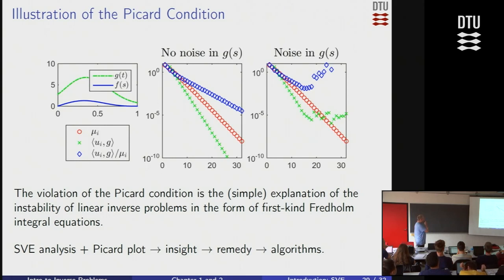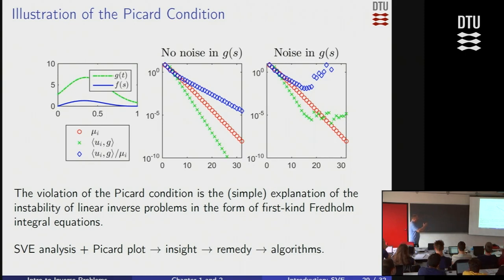And then the green crosses, those are the coefficients of the right-hand side in terms of the u functions. So they also decay. And sure enough, as expected, they decay faster than the singular values, because you can see the slope is steeper. So it's not a matter of whether the crosses are above or below the circles.